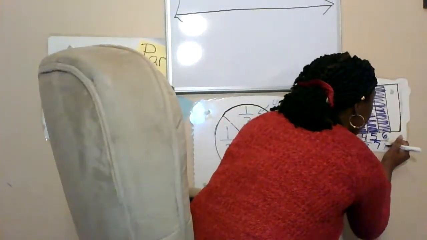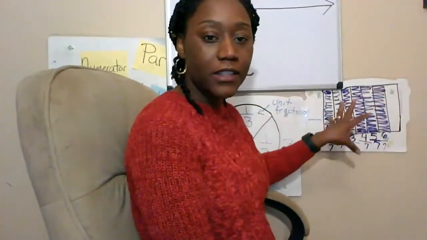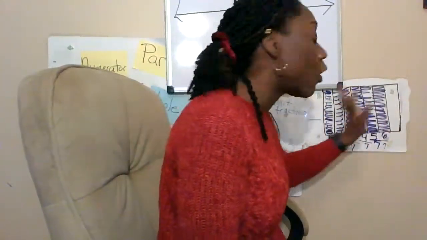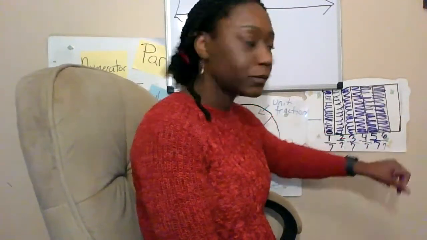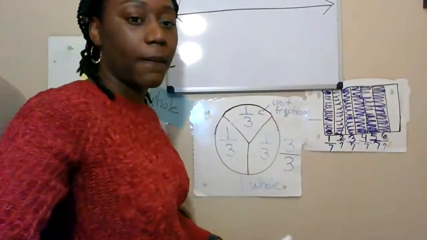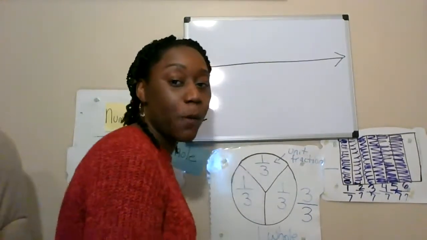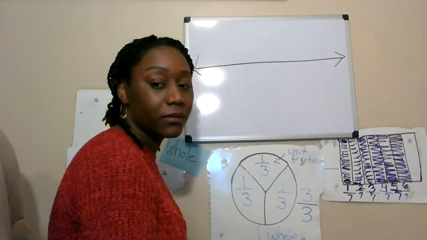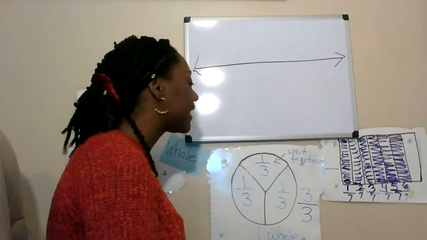6 sevenths. If I shade in this last part, I would have shaded in the whole fraction, the whole square or rectangle. I would have 1 whole. Tell me what fraction would be equal to 1 whole? 1 whole equals 7 sevenths.